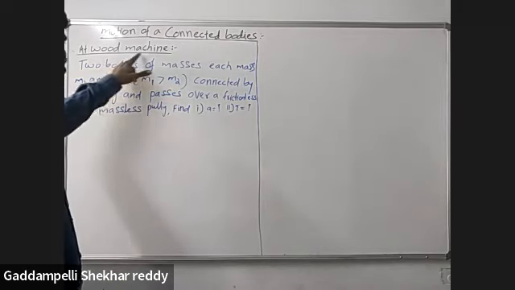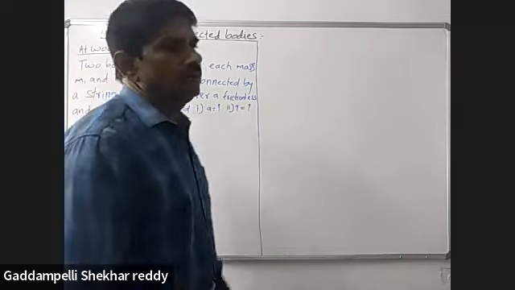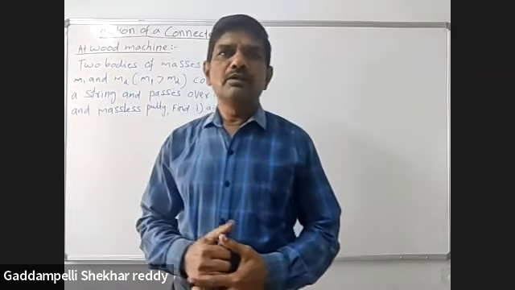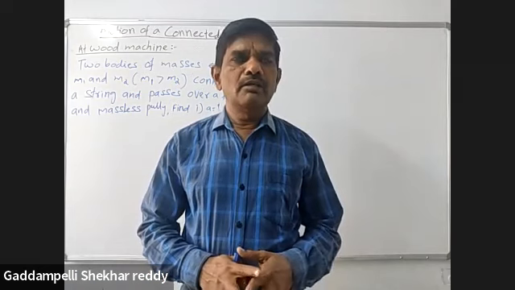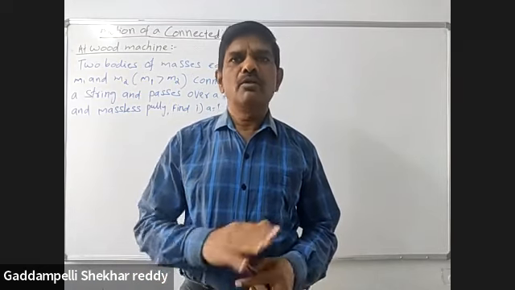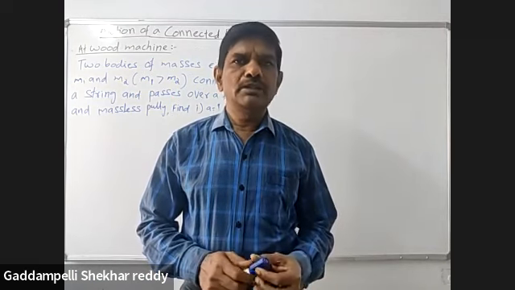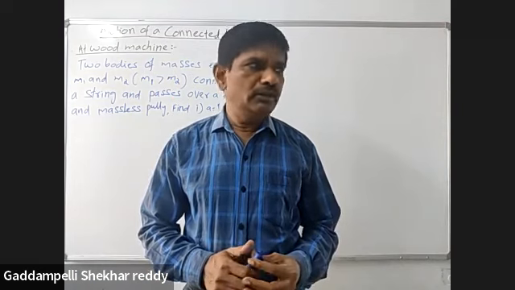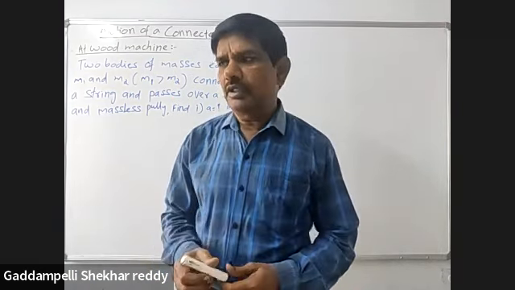First case, Atwood's machine. Atwood's machine is known as one of the simple machines: two bodies of masses connected by a string, and the string passes over a frictionless and massless pulley. Using this, we can find the acceleration due to gravity at a given place.